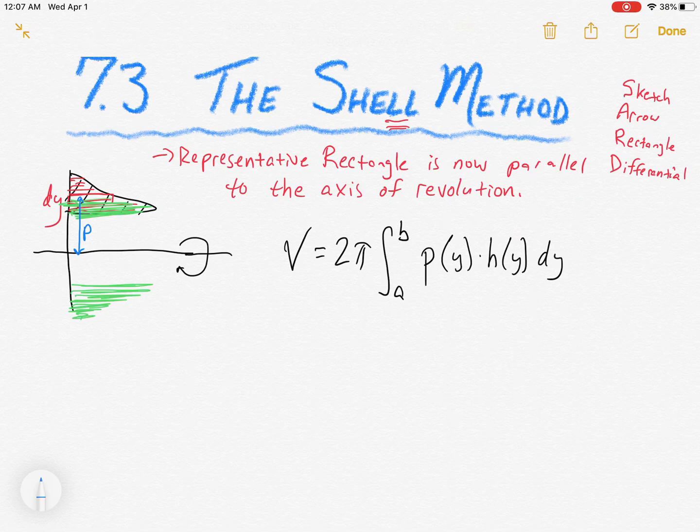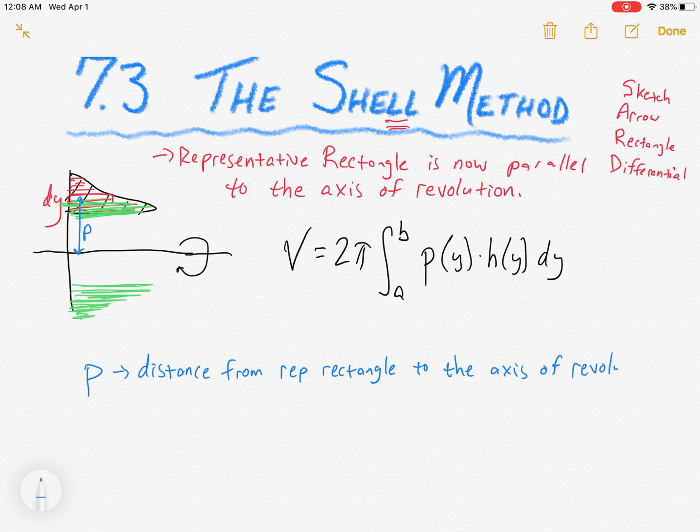That is P. So let's review that. P: distance from representative rectangle to the axis of revolution.